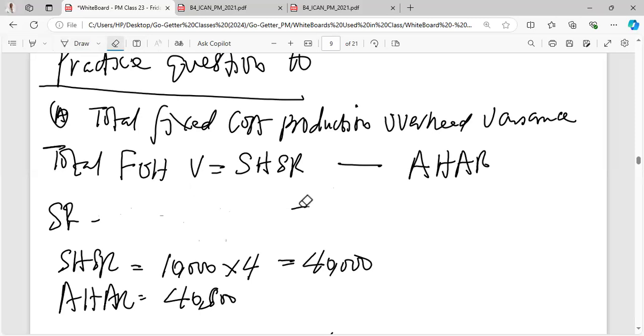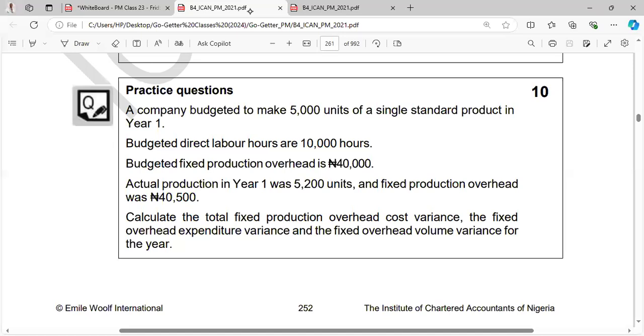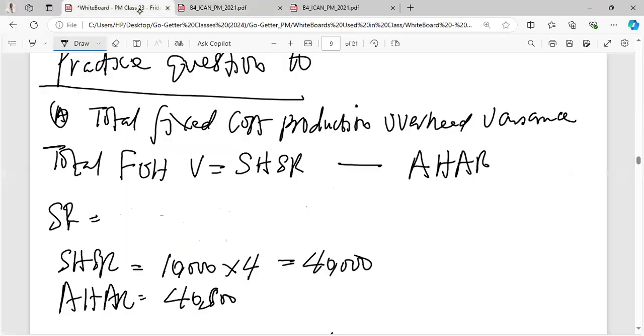Our standard rate is the total overhead, 40,000, divided by how many units? 5,000 units.